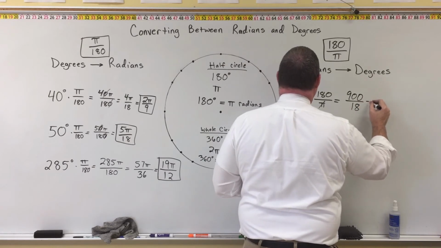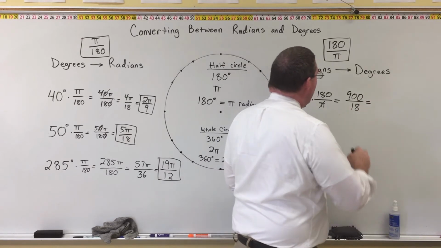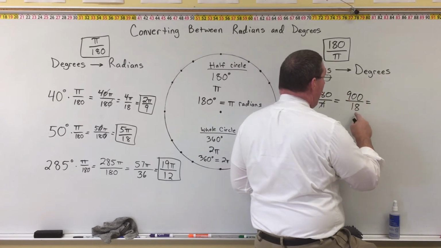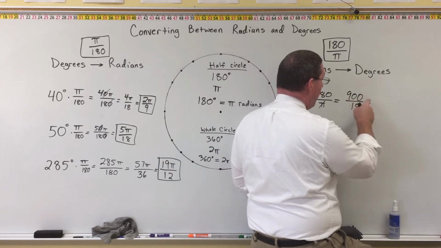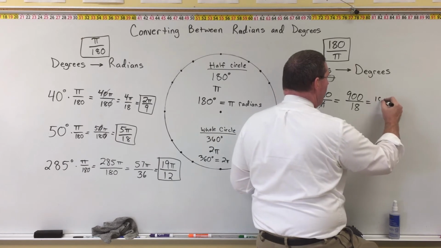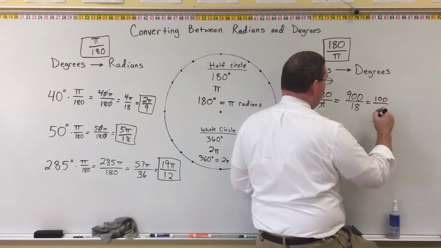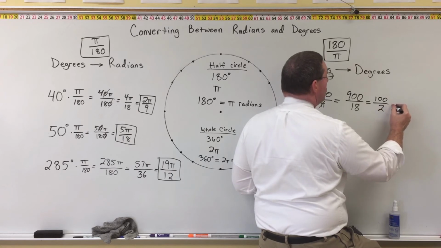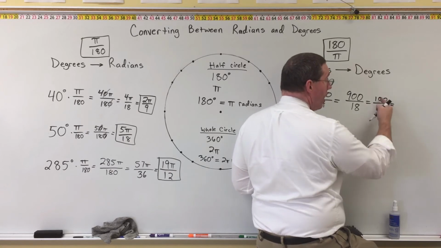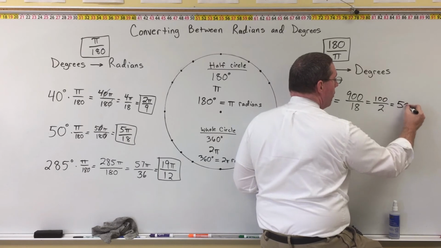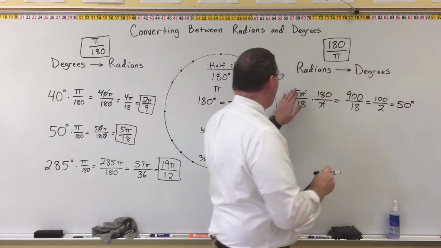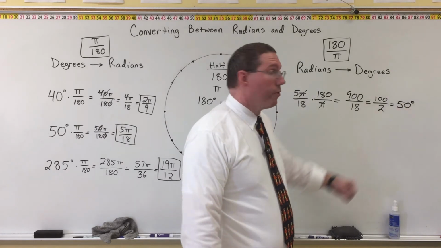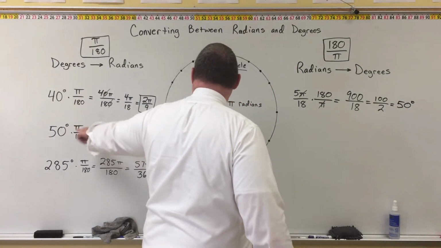I can divide 900 by 9 and 18 by 9. 900 divided by 9 is 100, 18 divided by 9 is 2, and now I have 100 over 2 degrees, and 100 divided by 2 is 50. And therefore, a 5 pi over 18 radians angle is the same thing as a 50 degree angle, which is exactly what we had over here.